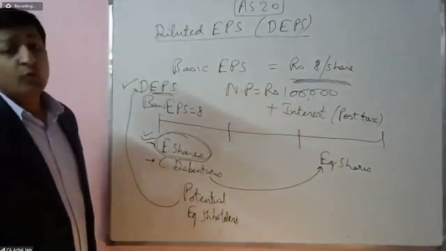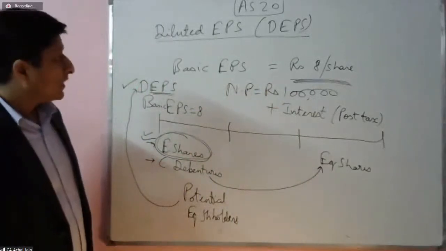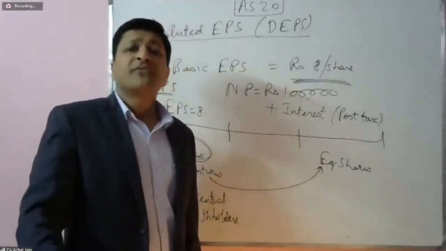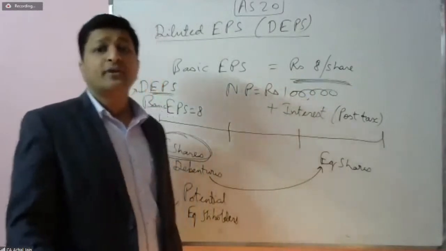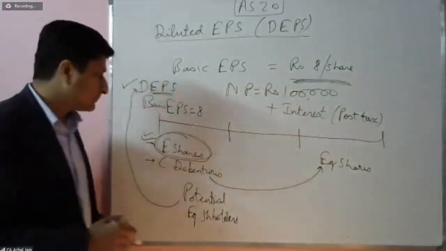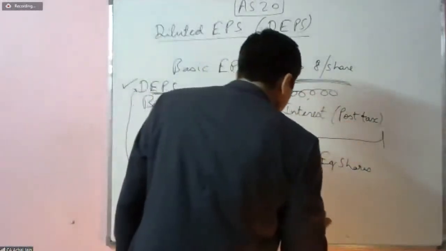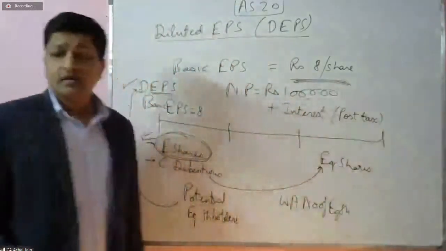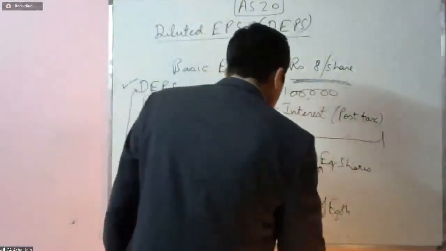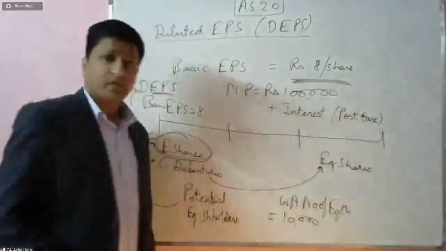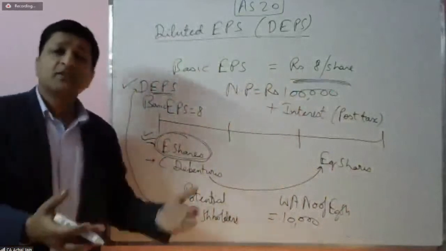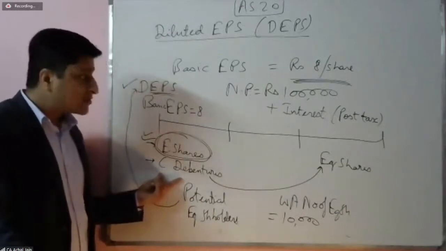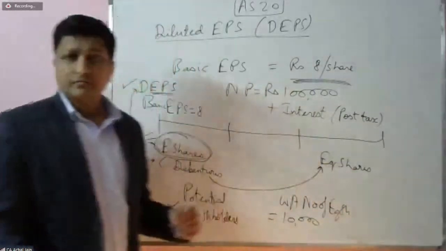Number one. What is going to be the second impact? The denominator, means the number of equity shares, or you can say the weighted average number of equity shares outstanding during the year, will also increase. Let's suppose this was 10,000 earlier. Now we will check what is the conversion rate, means how many shares will be issued to these debenture holders when they convert into equity.